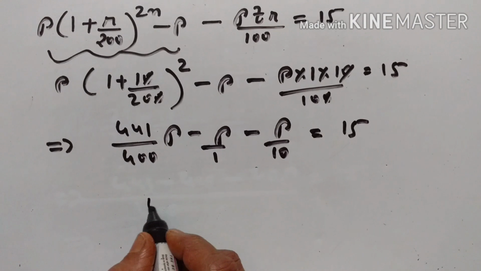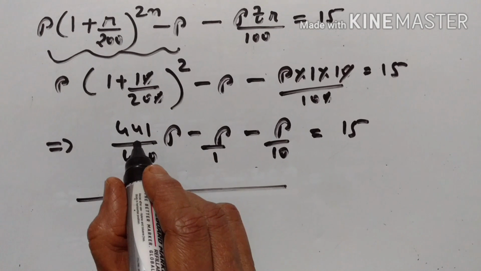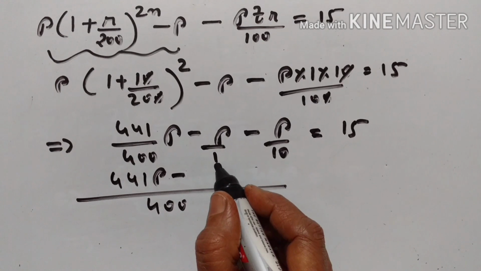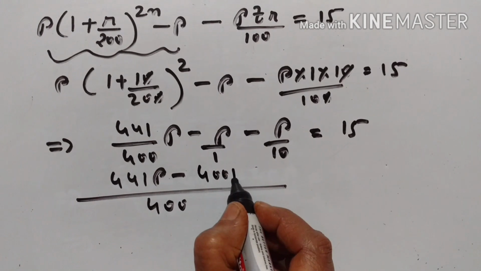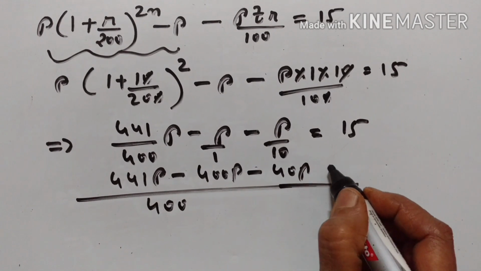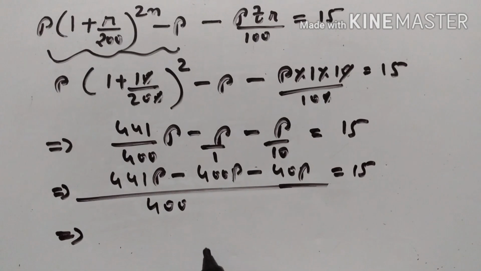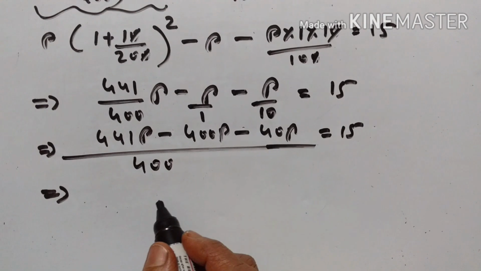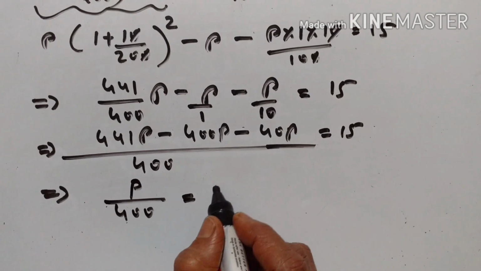The LCM is equal to 400. 400 divided by 400 is equal to 1. 1 into 441p is equal to 441p, minus 400 divided by 1 is equal to 400. 400 into p is equal to 400p, minus 10 40s are 40 into p is equal to 15. 441p minus 400p minus 40p upon 400 is equal to 15.